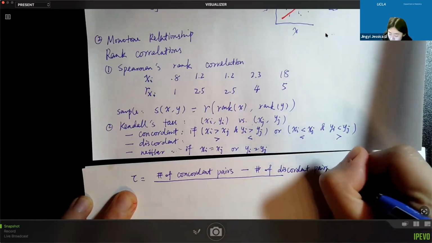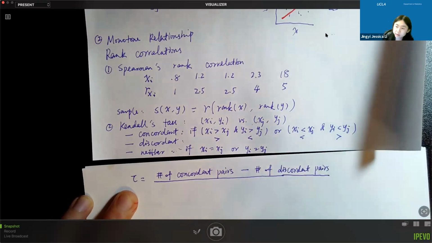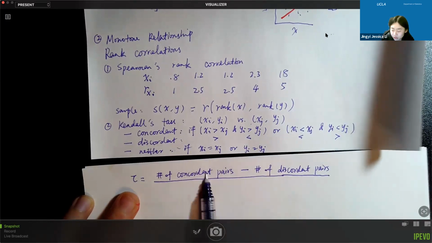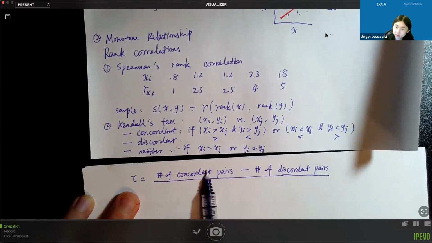Because the more concordant pairs, the stronger the positive association between X and Y. The more discordant pairs, the more negative the association between X and Y. So if they are roughly equal in number, then we know their association is close to 0.